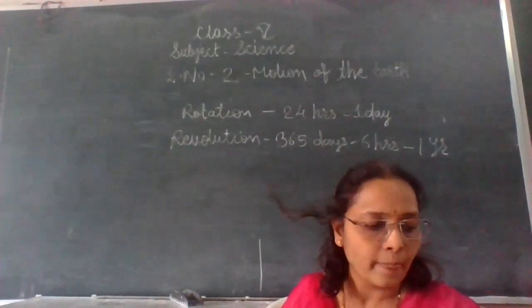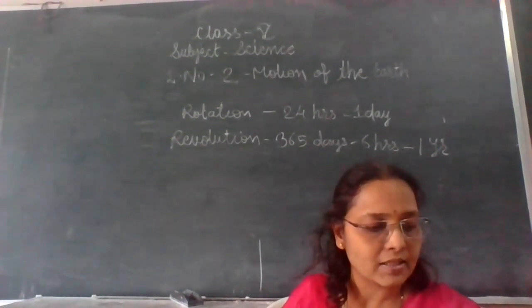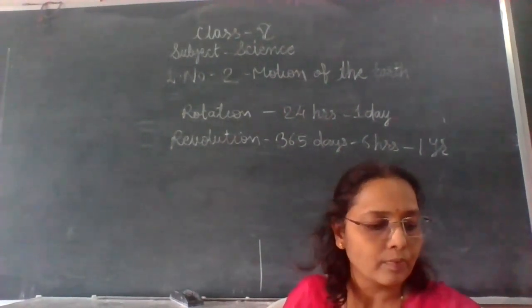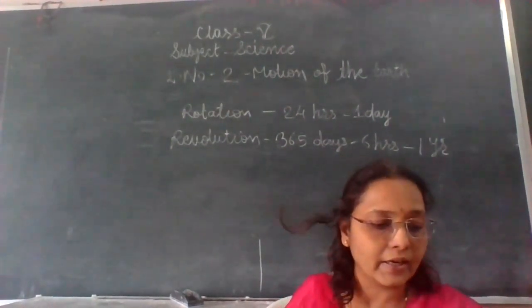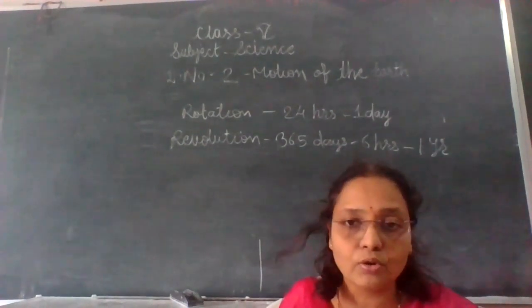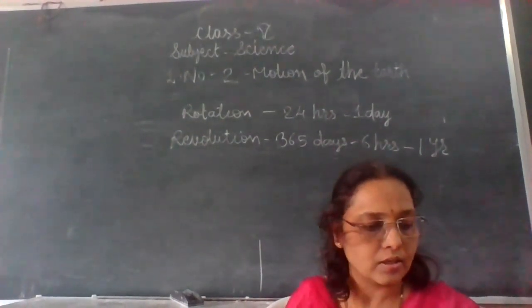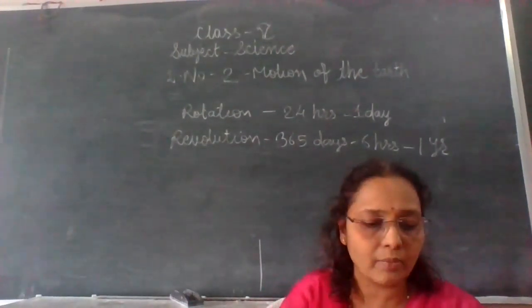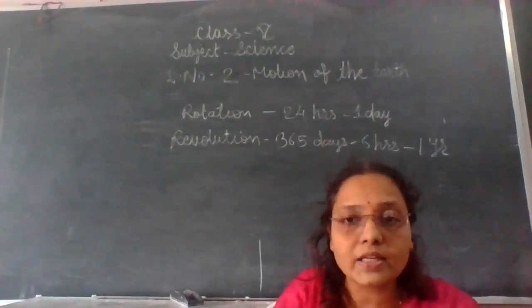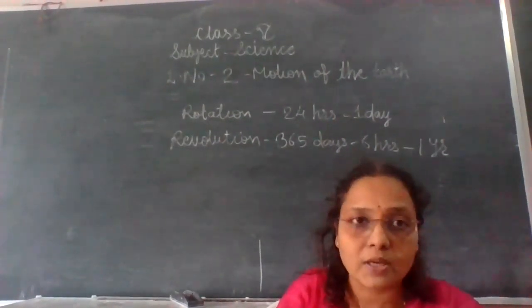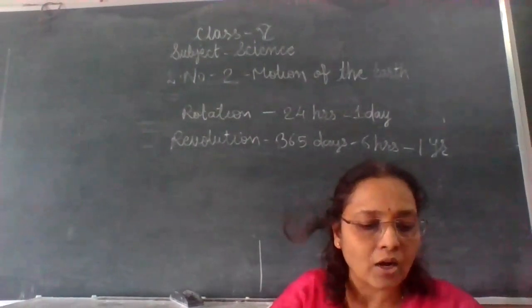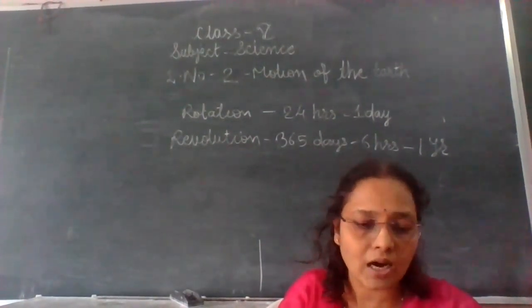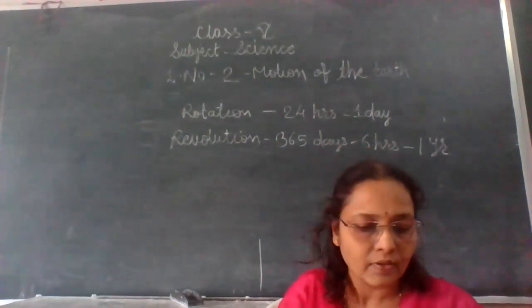Okay. So this happens because of Earth's inclined axis and its revolution around the sun. In the northern hemisphere, between 22nd March and 23rd September, the days are longer than the nights.